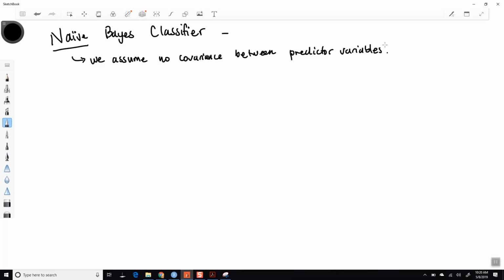And we are aware that this is a bad assumption. We assume no covariance between predictor variables, so the multivariate Gaussian will become equal to the product of independent Gaussians.